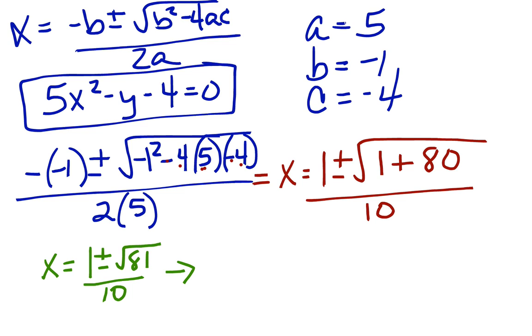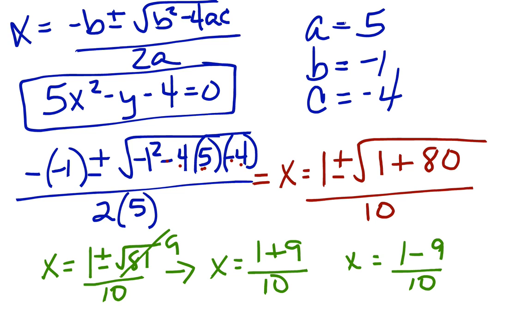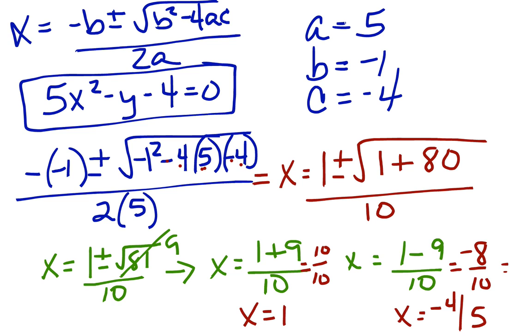The square root of 81 is going to be 9. So I have x is equal to 1 plus 9 divided by 10, and x is equal to 1 minus 9 divided by 10. And so I find that x is equal to 10 over 10, which means x is equal to 1, and x is equal to negative 8 tenths, so that means x is equal to negative 4/5.